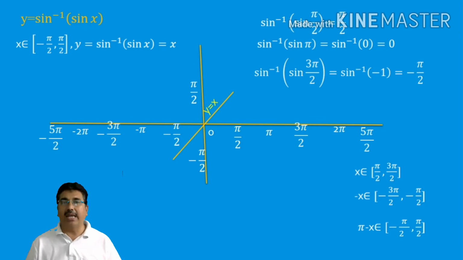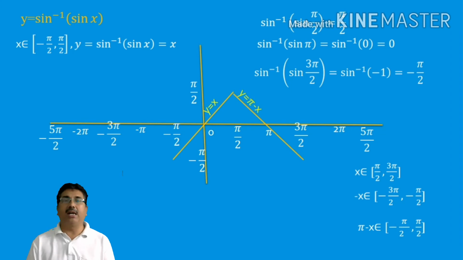And sine inverse of sine of pi minus x is equal to pi minus x. Therefore, the graph of this function is a straight line, that is pi minus x, in the interval pi by 2 comma 3 pi by 2.